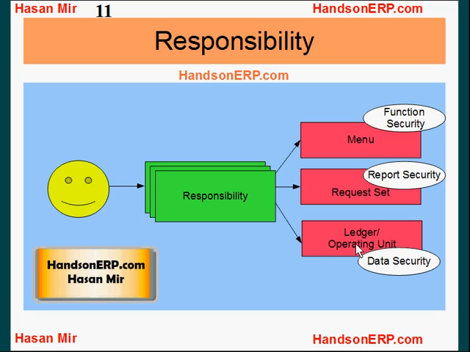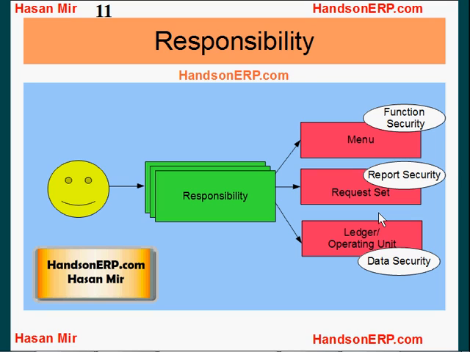So a responsibility is associated with the ledgers and also with the operating units. So if it is a general ledger related responsibility, then mainly you have to see to which ledger this responsibility is pointing to, and the person could only see data for that ledger that this responsibility is pointing to.